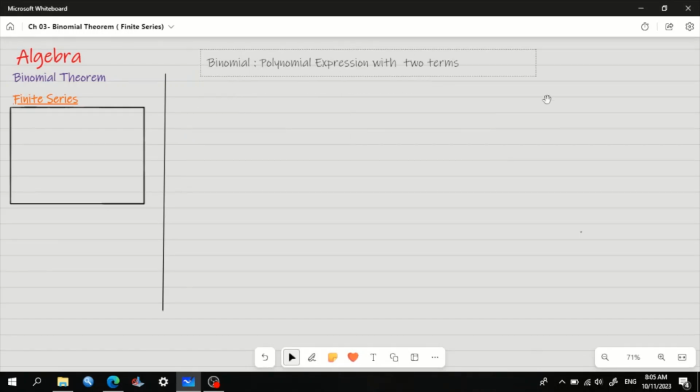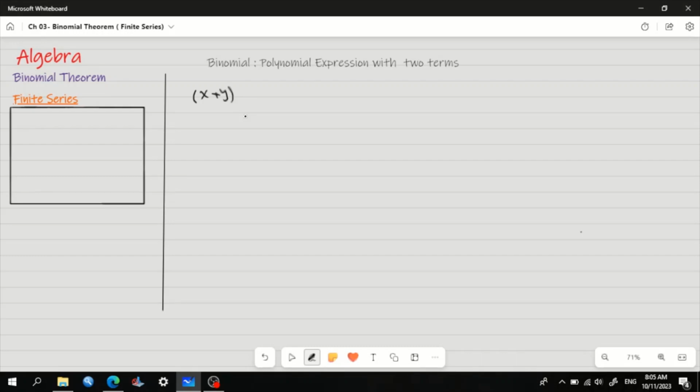Okay, if I have x plus y, this is a binomial expression in first degree.